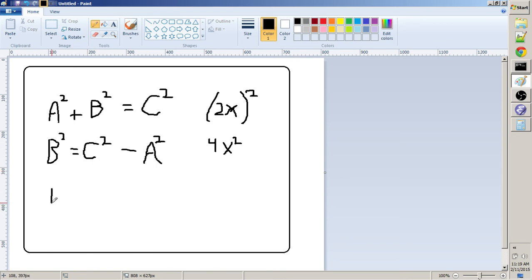So what I'm saying is we could take b, and we could just do that equals the square root of 4c squared, or what I really mean is, I should use the parentheses, 2c squared, right?